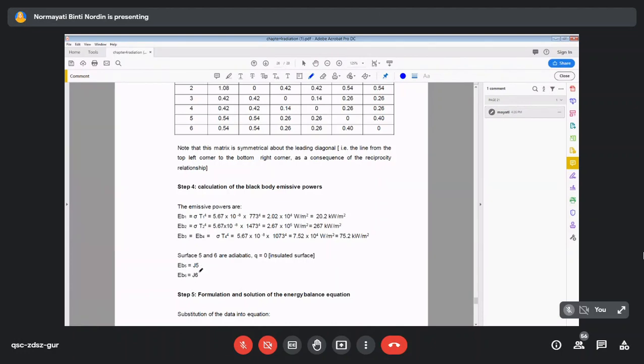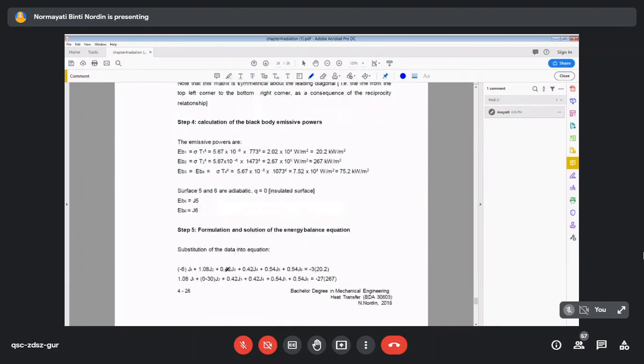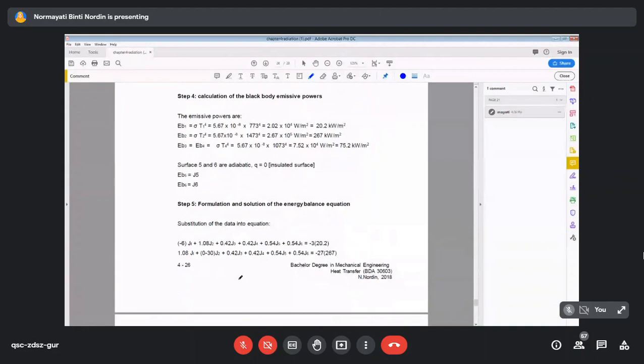Okay, so untuk kita selesai yang lain semua kita tahu sebab temperature-nya diketahui kan, so kita boleh calculate black body emissive power for other surfaces except yang untuk surface 5 dengan 6 saja yang KIV lah, pending sehinggalah kita dapat selesaikan radiosity.